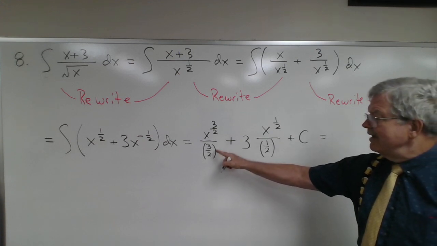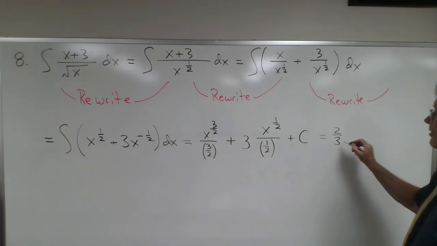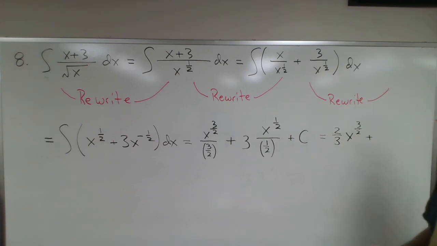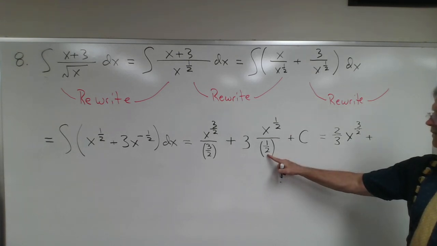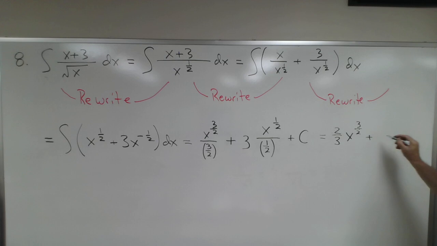Dividing by 3/2 is the same as multiplying by the reciprocal, 2/3. Dividing by 1/2 is the same as multiplying by its reciprocal, which is 2.